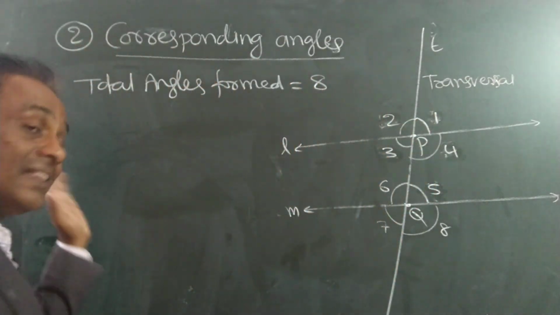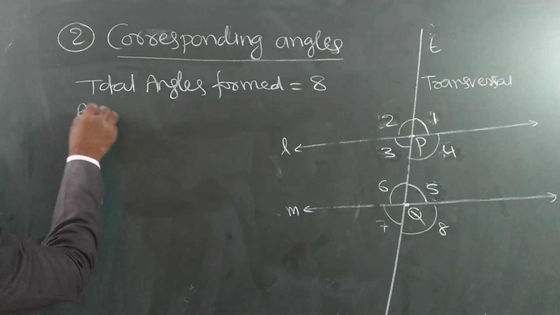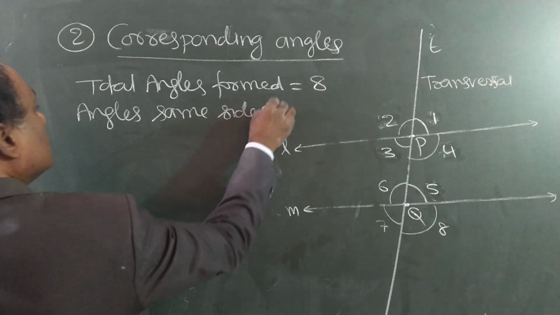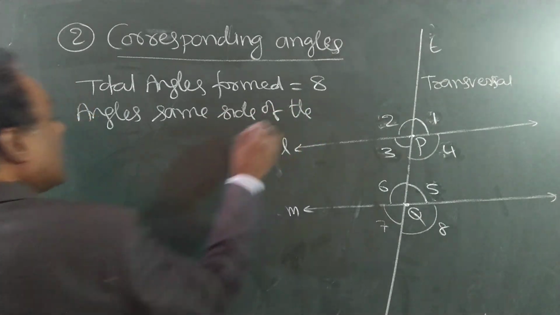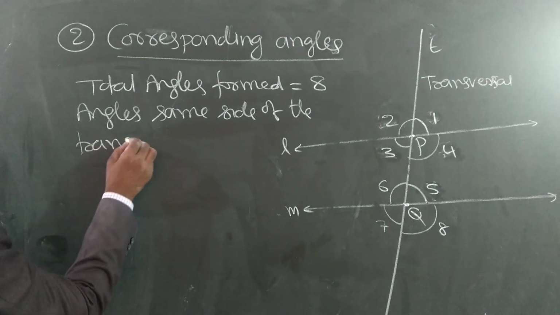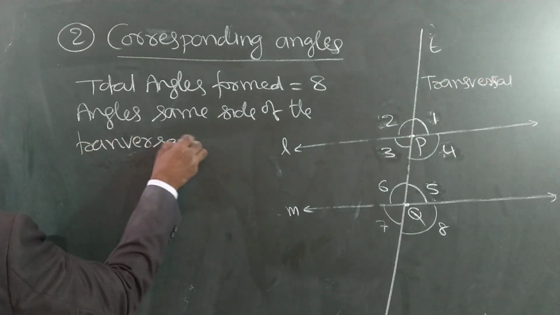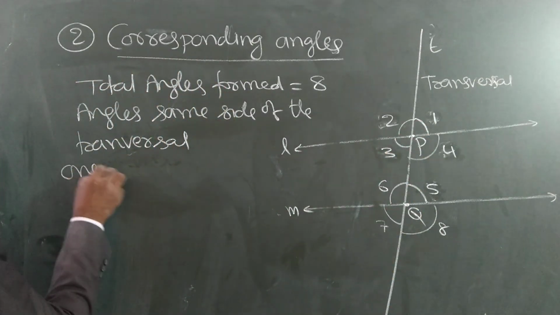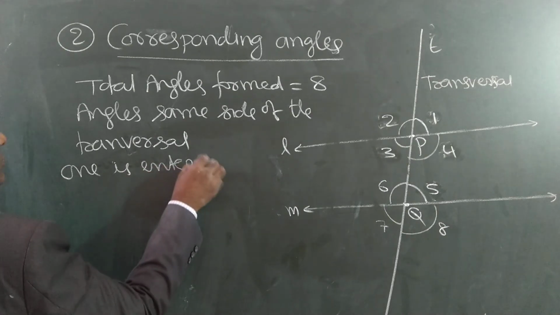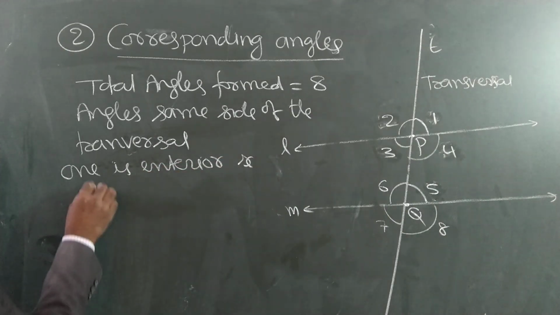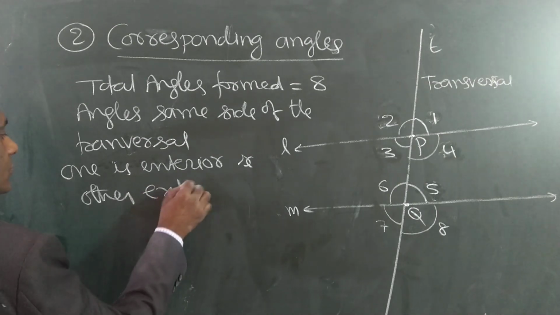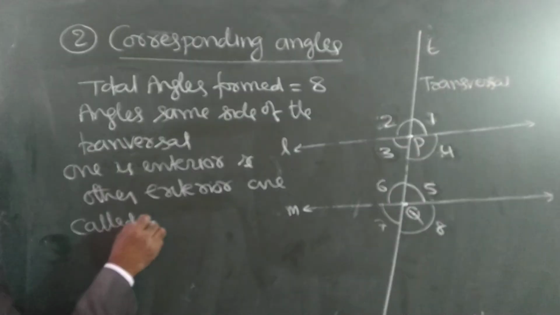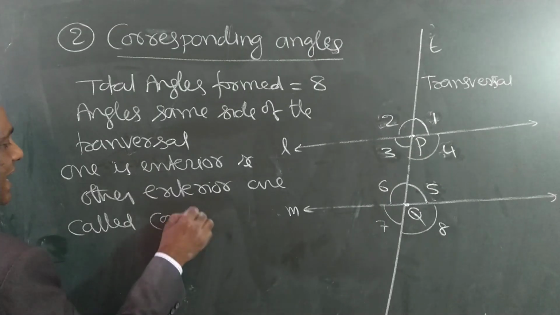Write down. The angles on the same side of the transversal, one is interior and the other is exterior, are called corresponding angles.